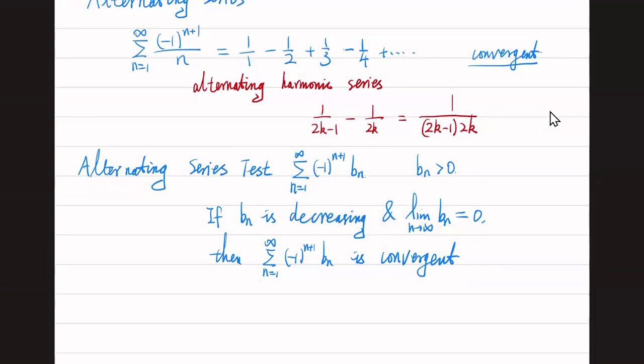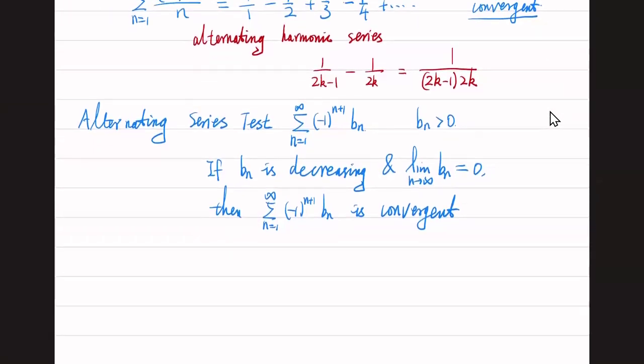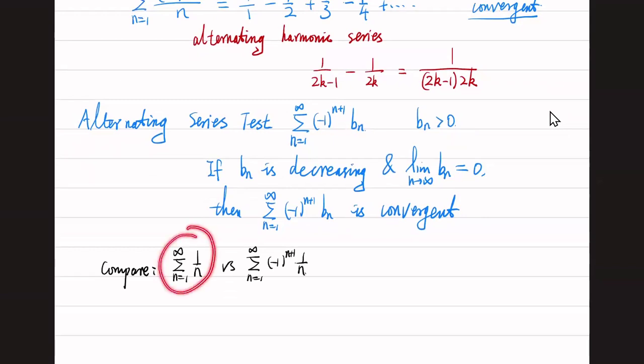If we have the positive series, compare. This one divergent, this one convergent.